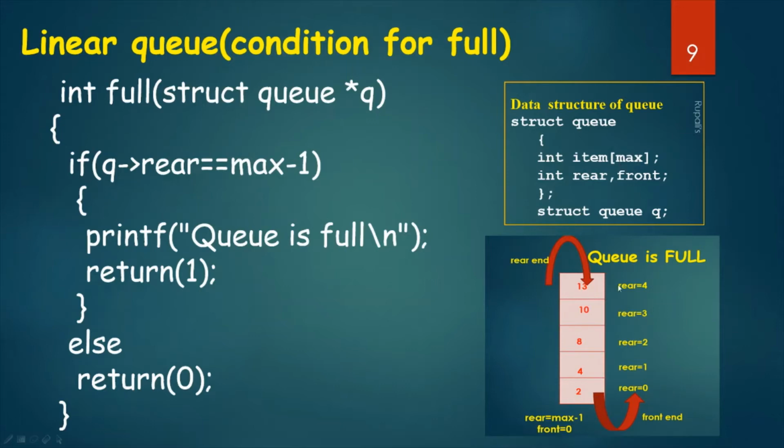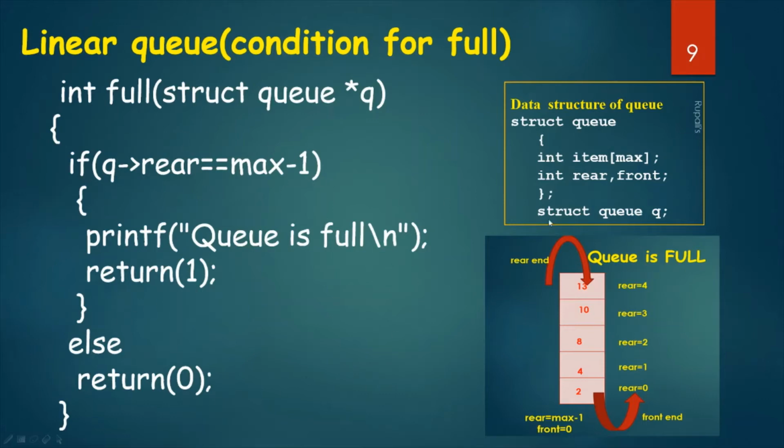So when the value of rear is max minus 1, that is 4, we can say the queue is full. Then return 1, else return 0.